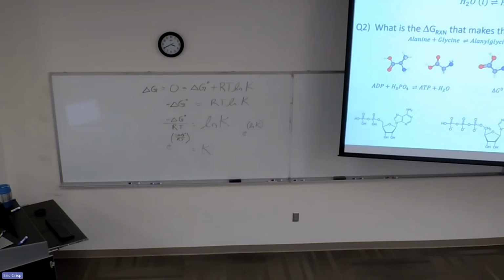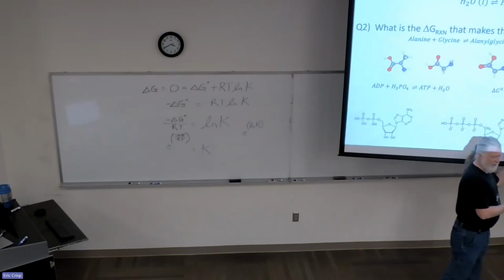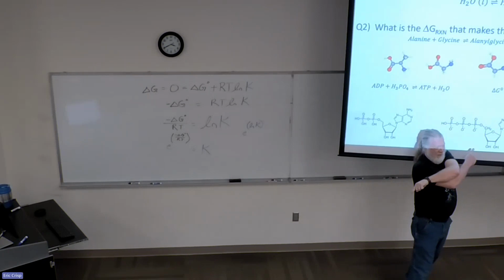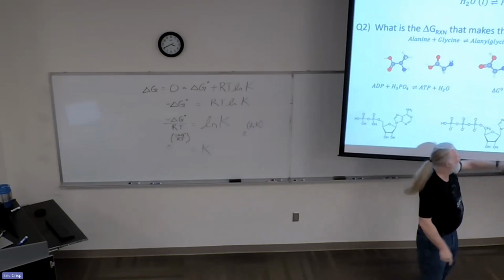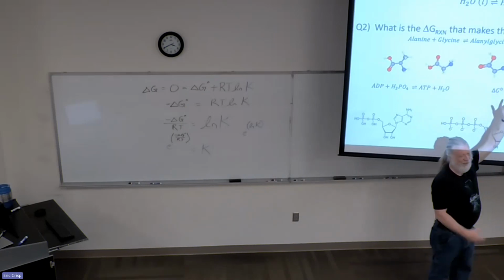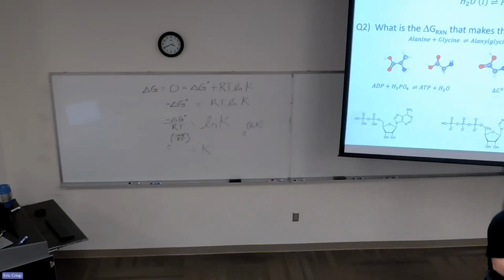What's my delta G? What's that tell you? Non-spontaneous. How do you do that? Take this guy, the bottom reaction. Flip it around. Then, if you flip it around, it's negative 31 kilojoules. Staple it to that one, you get a net 2 kilojoules. There, that makes it happen. Does that make sense?